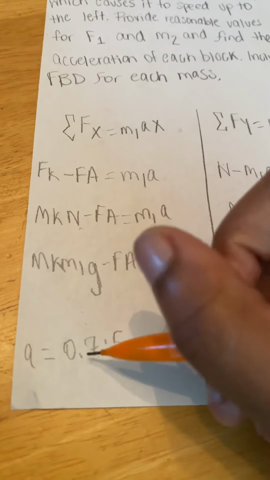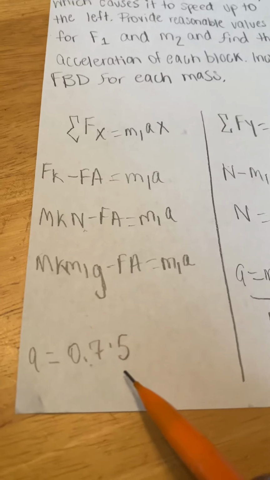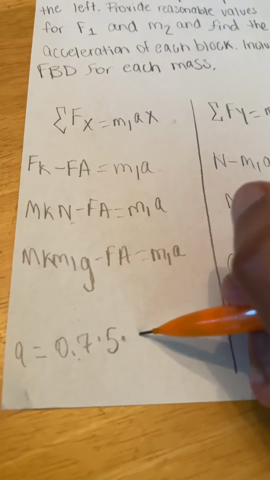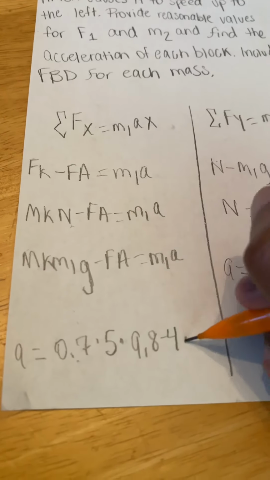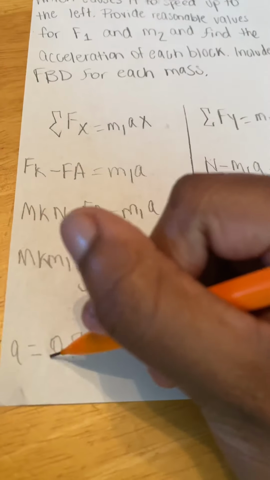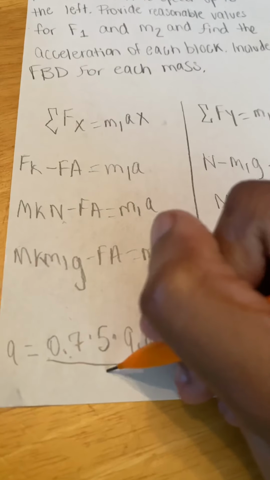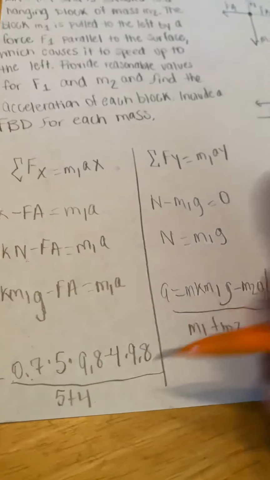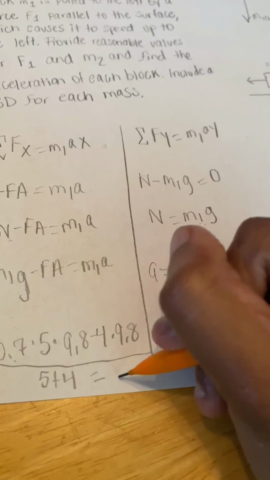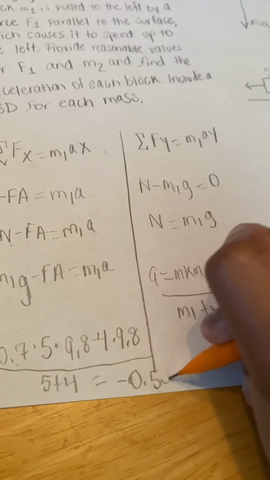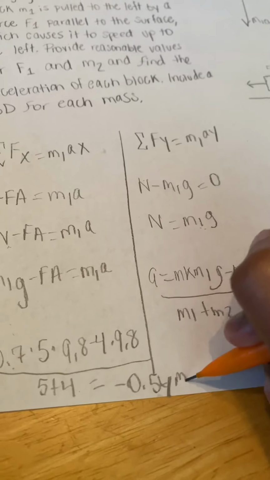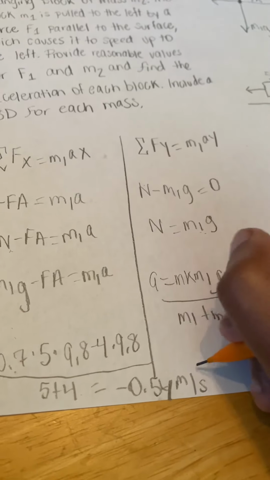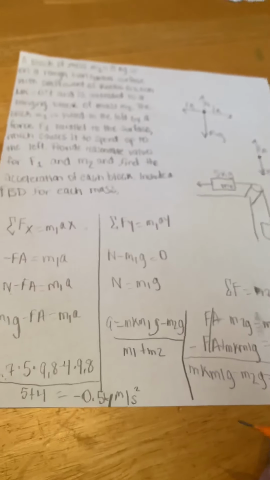This was the value of our kinetic friction. This is our M1, 9.8, that's g, minus 4, that's our M2, times 9.8, which is g, over 5 plus 4, which is our M1 plus M2. And then you add those up, and I got negative 5.4, I'm sorry, meters per second squared. Thank you.